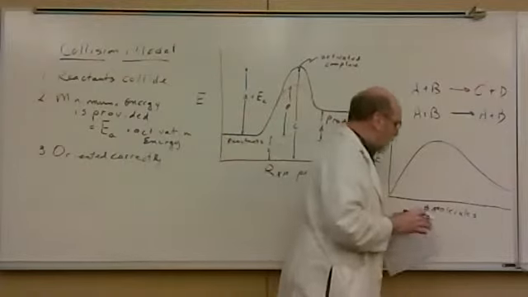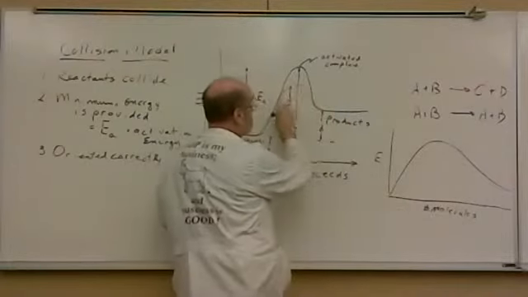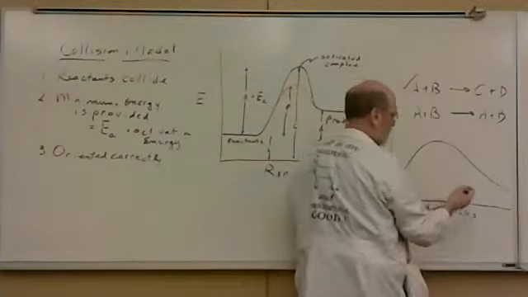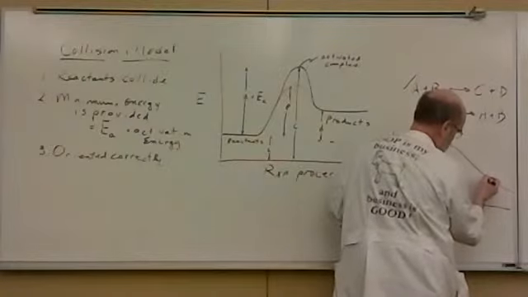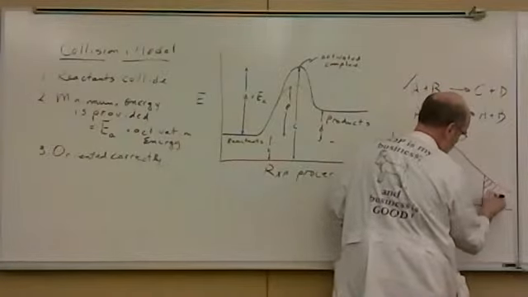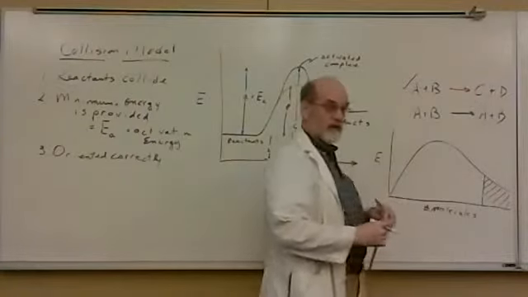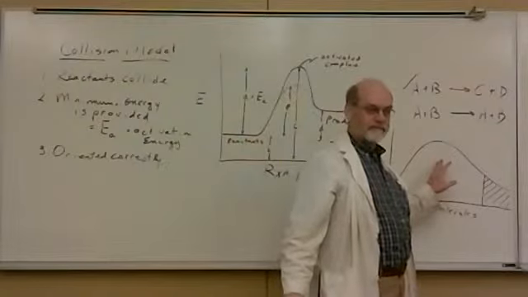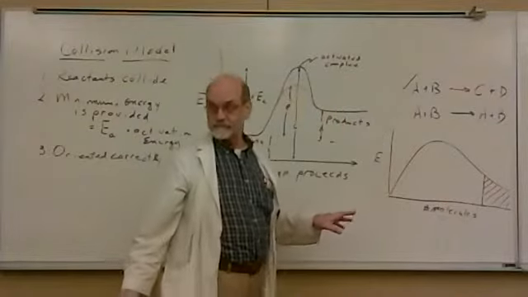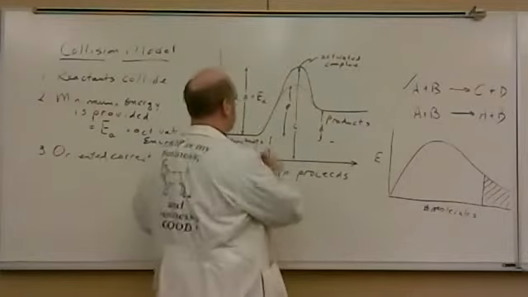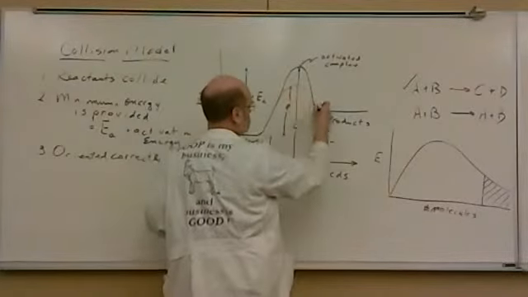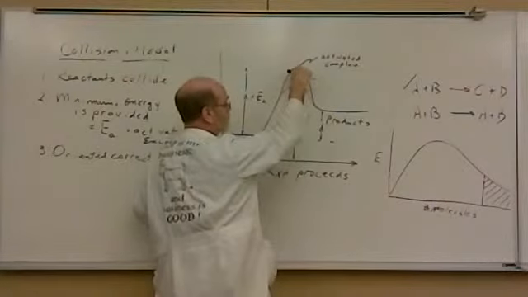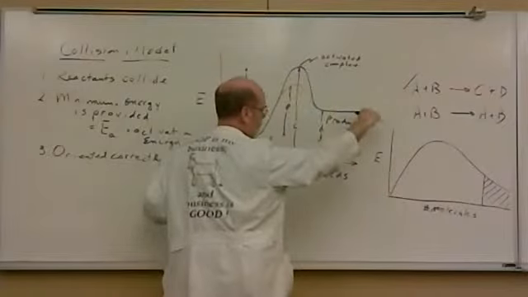Now, the number of molecules that have sufficient energy to go over the hump and make this one will be something like this. Okay? So not all of the molecules in the mixture have enough energy to react. That's this scenario on the dark line. So you add enough energy, you get to the activated complex, and if there's just a little bit more, it'll go down like that.